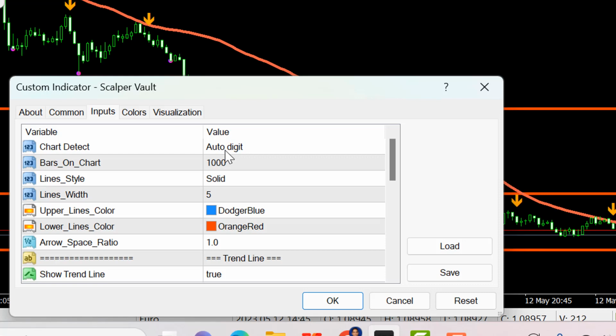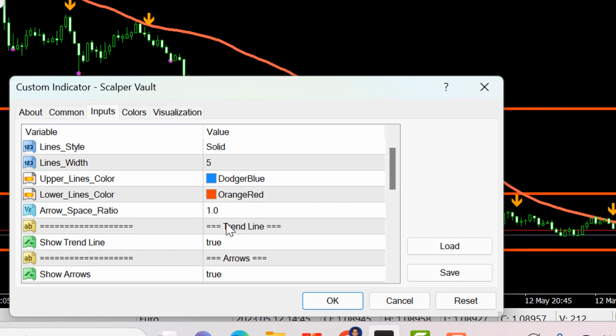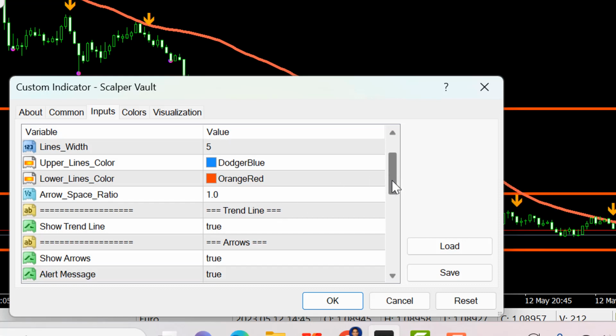Next is the trend line. The trend line can be used as an area of value. I will explain what I mean later, in the strategy where I use this indicator.